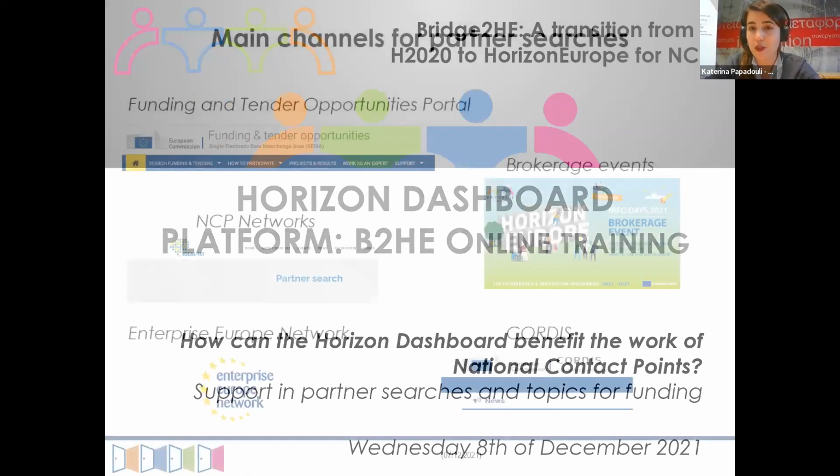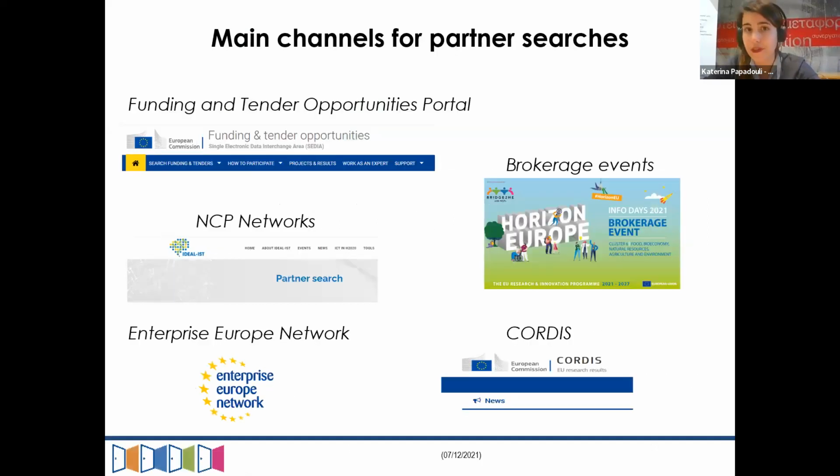As national contact points, we have different channels for partner searches. The main channel is the Funding and Tender Opportunities portal, where we have the button under each topic where we can find partners that are looking for consortia or consortia that are looking for specific expertise.